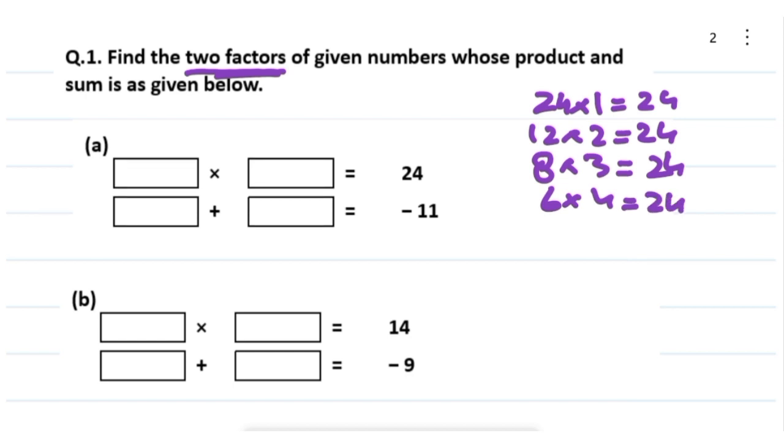Out of these, if we look closely, we select -8 and -3. Their product is +24, and if we add -8 and -3, we get -11. So these are the two factors of 24.